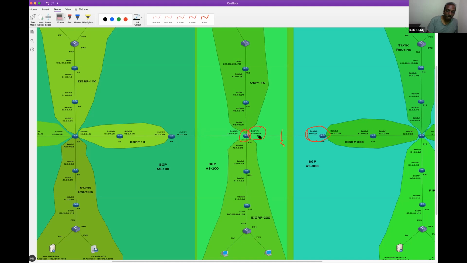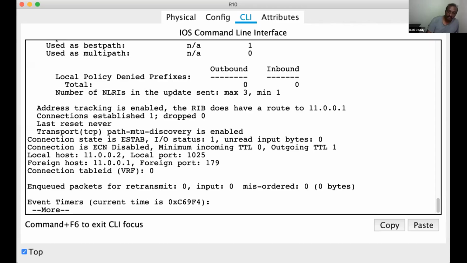How do I do that? Again, I go to R10, router BGP 200. Your neighbor is 12.2. The remote AS to which it belongs is 300. So let us do that on R10.